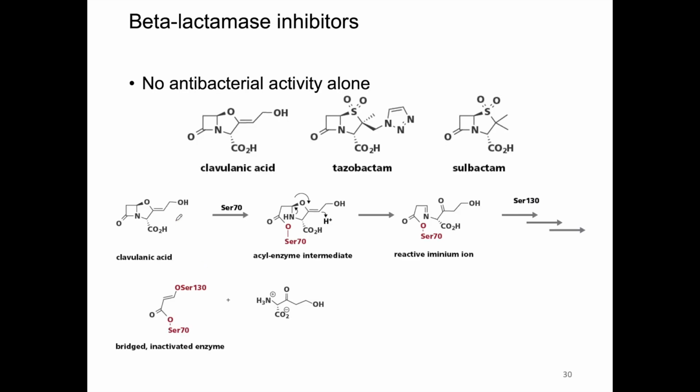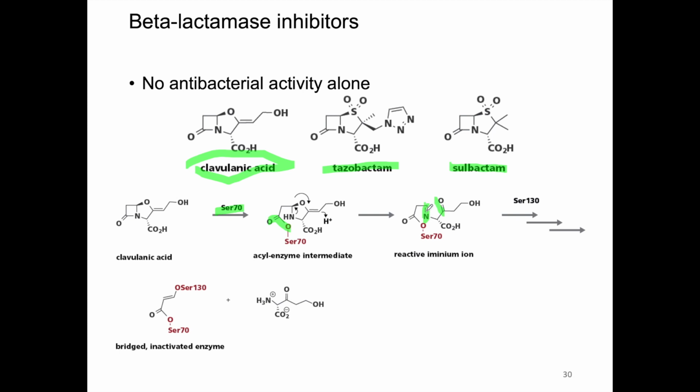Thankfully, Mother Nature came up with an example of a beta-lactamase inhibitor. That's clavulanic acid. Other synthetic derivatives, I think, such as tazobactam and sulbactam exist. These molecules react with the beta-lactamase, forming an ester linkage as shown here. But because of the nature of the different 5-membered ring, a rearrangement process occurs, releasing the carbonyl group here and the imine functionality.